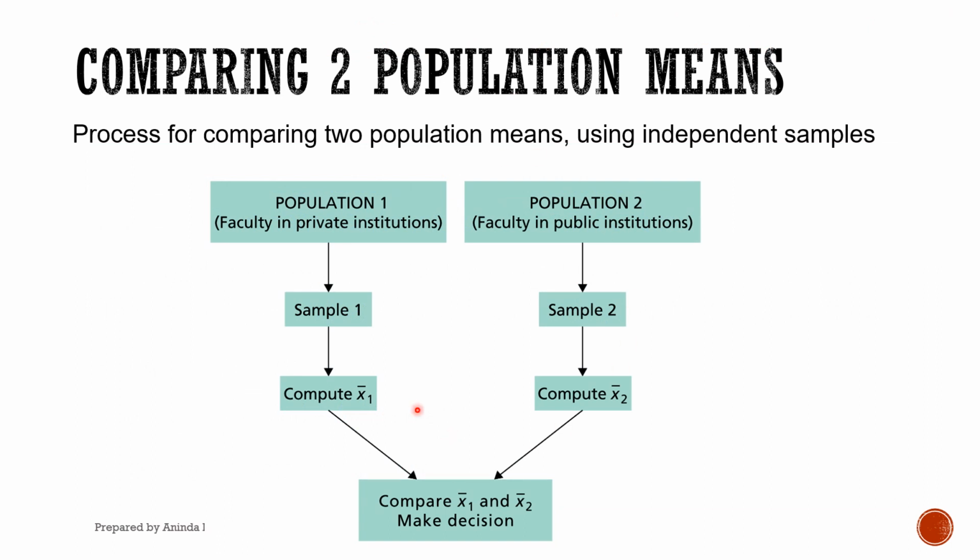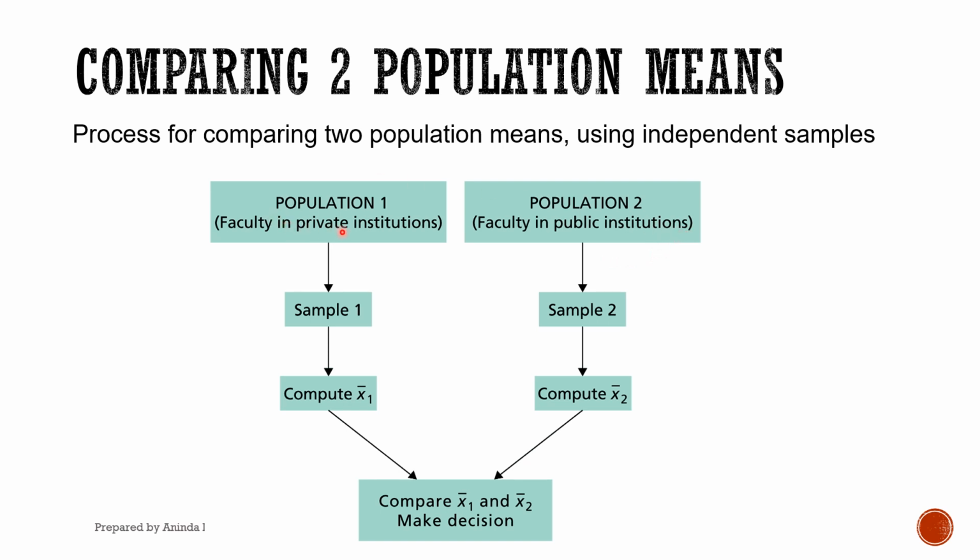Now, this is the approach that we are going to take to compare two population means. I touched upon it in the very first slide, but let's go through it. The example that we are going to work on in our worksheet is to compare the salary of faculty members in private institutions versus the salary of faculty members in public universities.